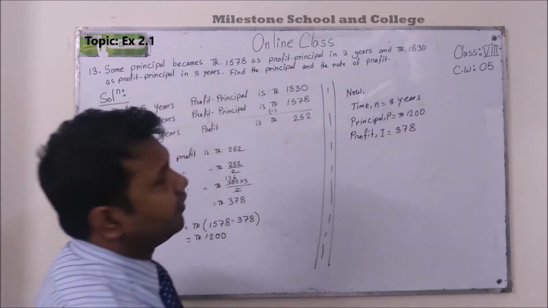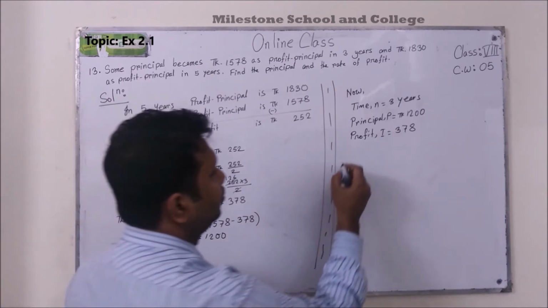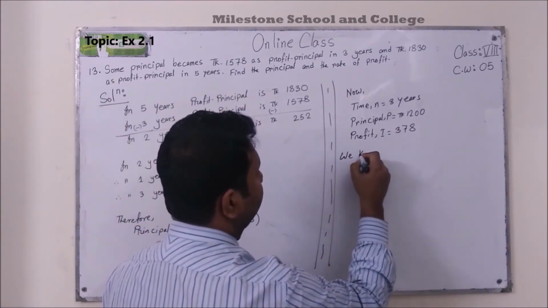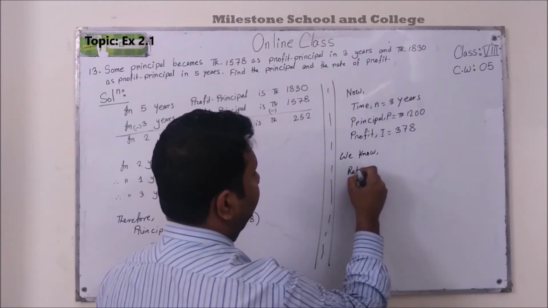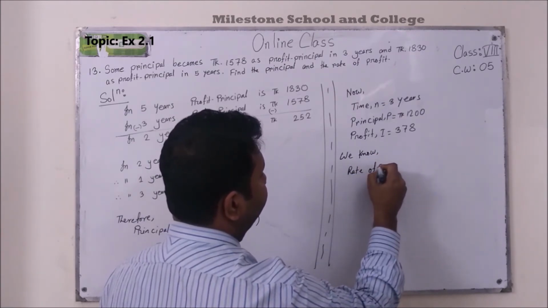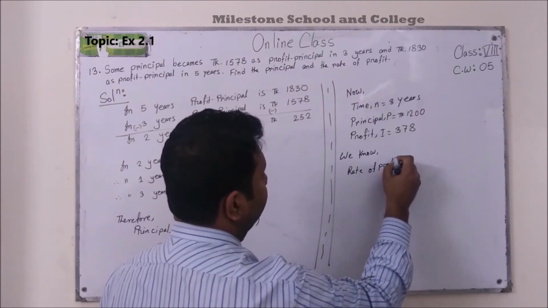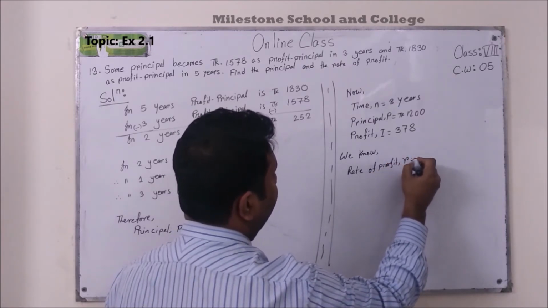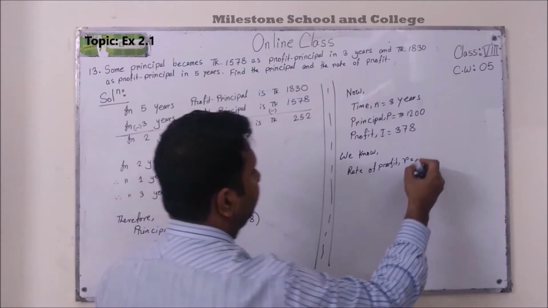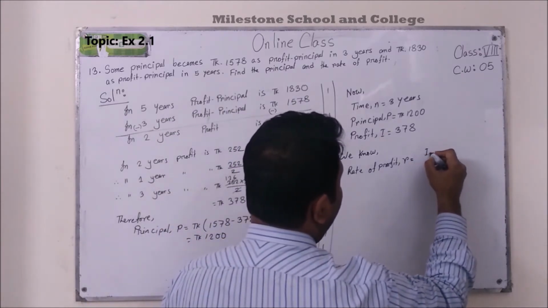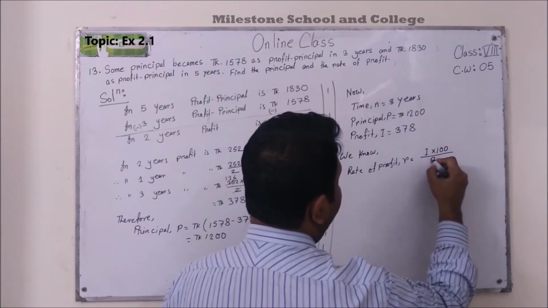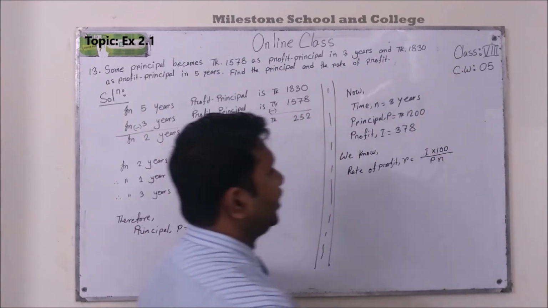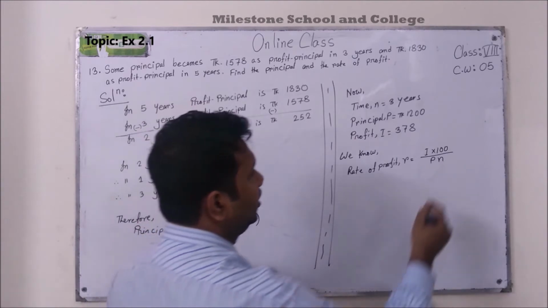The question told us to find out the rate of profit. So we know the rate of profit is equal to I into 100 by Pn. Okay, this is the formula of rate of profit.